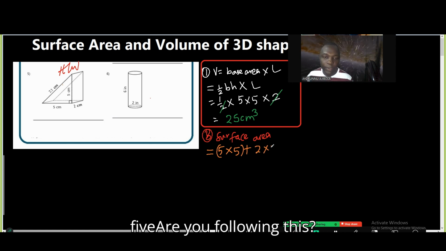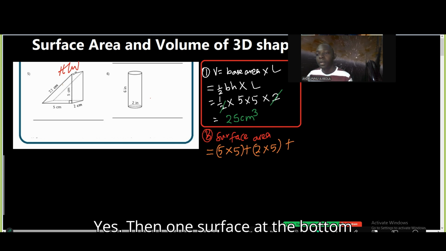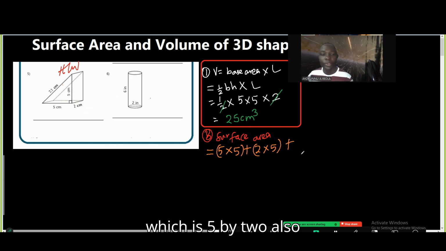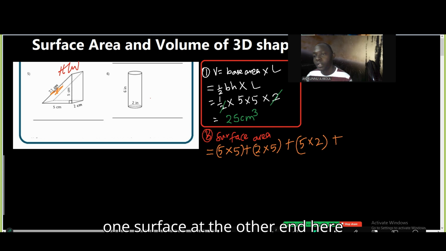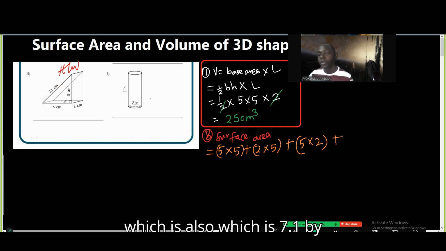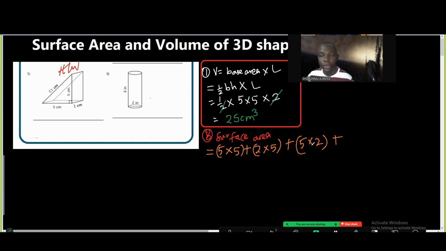That's 2 times 5. Are you following this? Yes. Then one surface is at the bottom, which is 5 by 2 also, 5 times 2. And one surface is at the other end here, which is 7.1 by 2. 7.1 times 2.